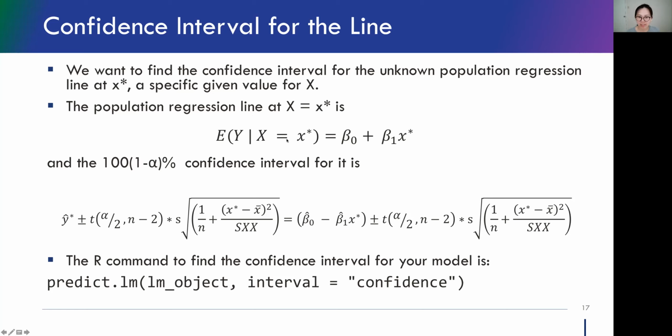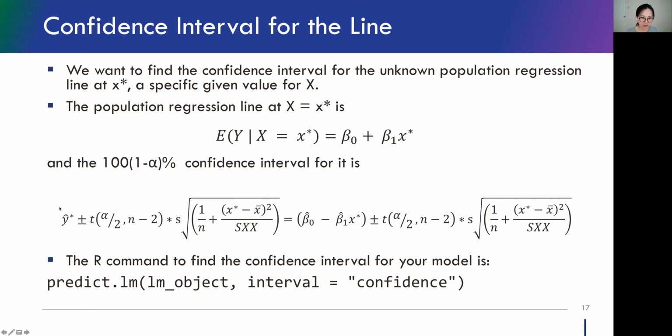At x star, this is just beta 0 plus beta 1 times x star. Again, let's use alpha being 0.05, so the 95% confidence interval for it is like this.